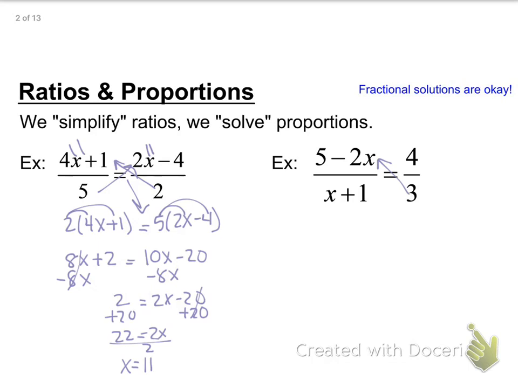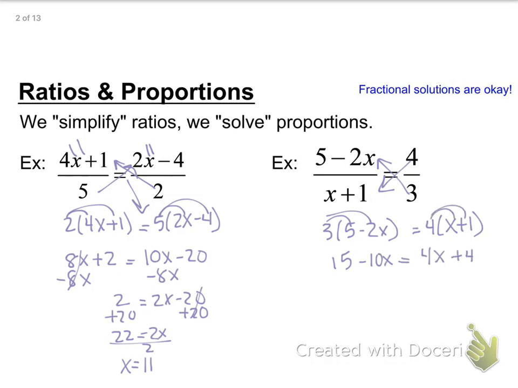Okay, if I cross this way, I've got 3 times that whole thing. If I cross this way, 4 times that whole thing. So I got 15 minus 10x, 4x plus 4. Add my 10x over, so I get 14x.